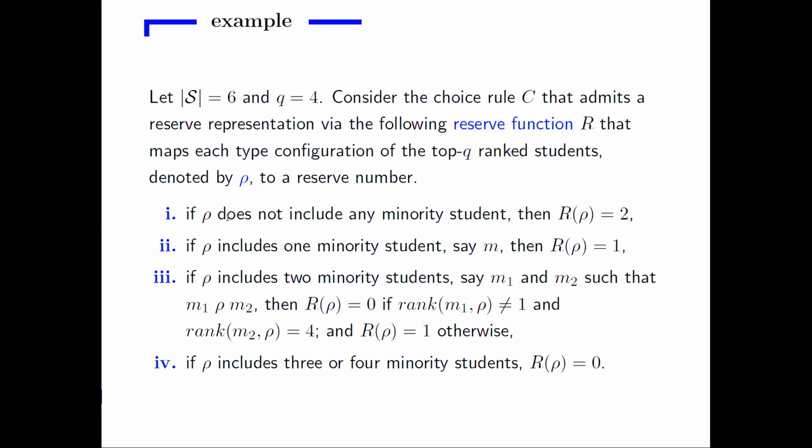Here there is no minority and I have a reserve of 2. Here there is only 1 minority, I have a reserve of 1. Here I have 2 minorities, my reserve is either 0 or 1. And here my reserve is 0. This absence of drastic changes in the reserves is the structure posed by the responsiveness axioms and the basic axioms.